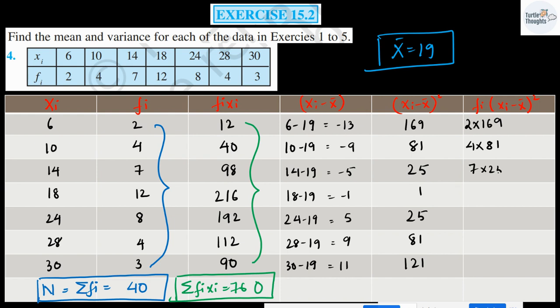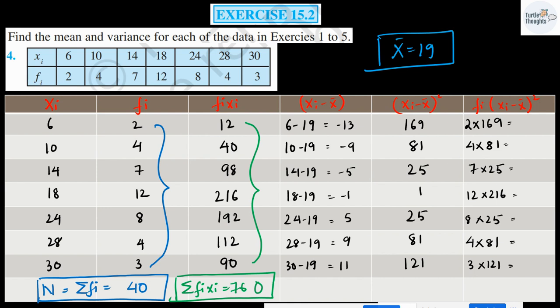Here it is 7 multiplied by 25. Here it is 12 multiplied by 216. Here it is 8 multiplied by 25, again 4 multiplied by 81, and here it is 3 multiplied by 121. When you solve this, you will be getting the value of fi multiplied by xi minus x bar whole square.